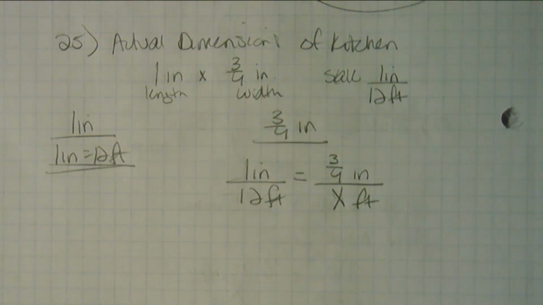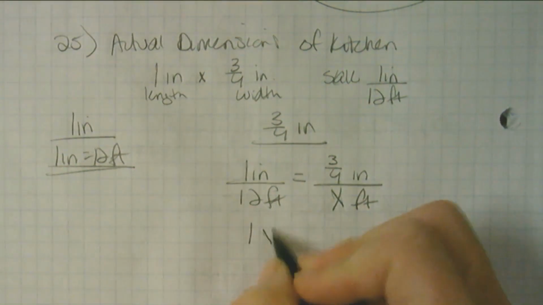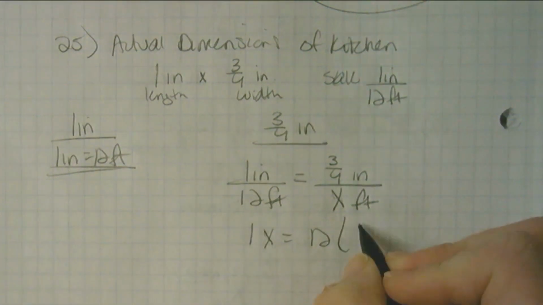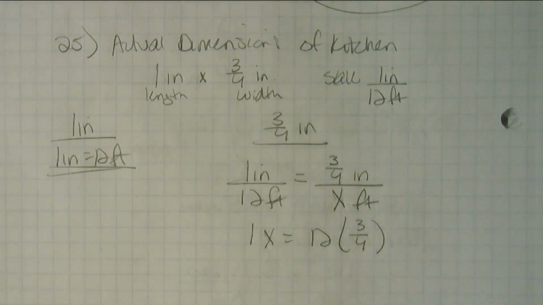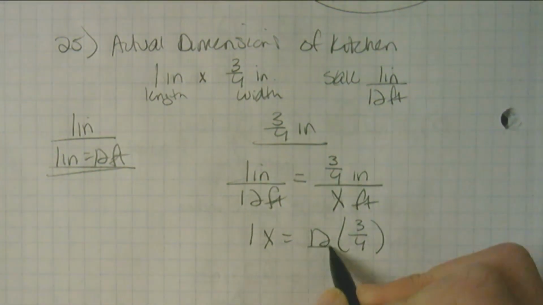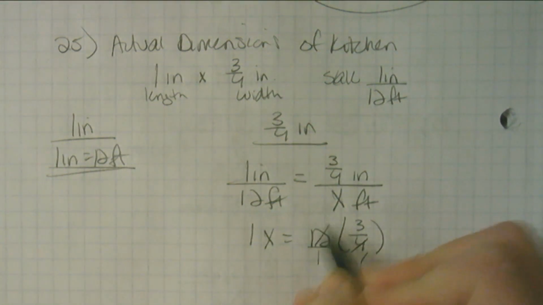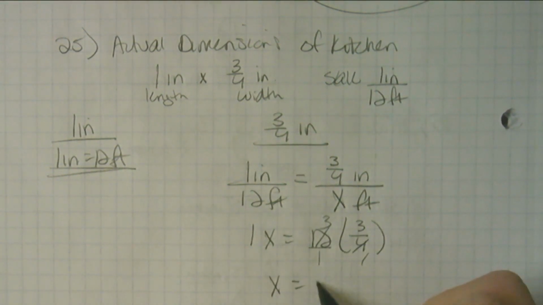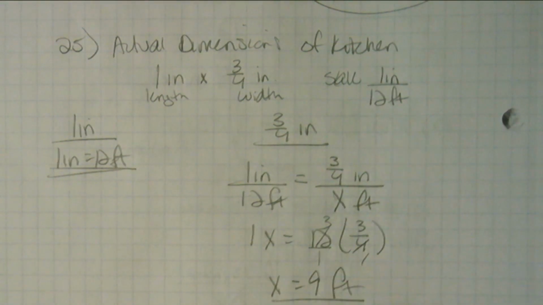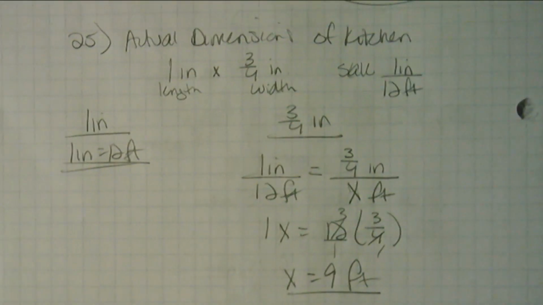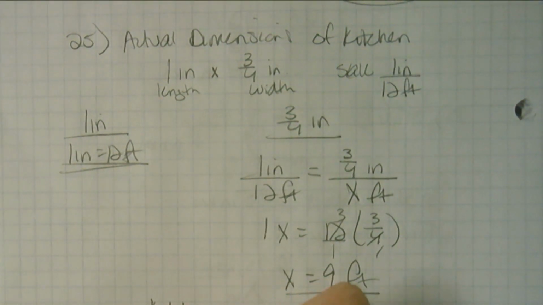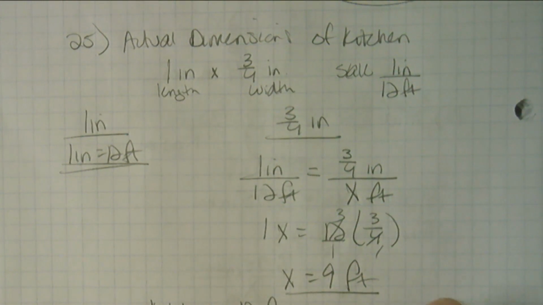Now I do my cross multiplication. I have 1 times x is equal to 12 times 3/4. Well, this is like 12 over 1 times 3/4. I'm dividing out common factors, so I end up with x is equal to 9 feet. So my kitchen is 12 feet by 9 feet.